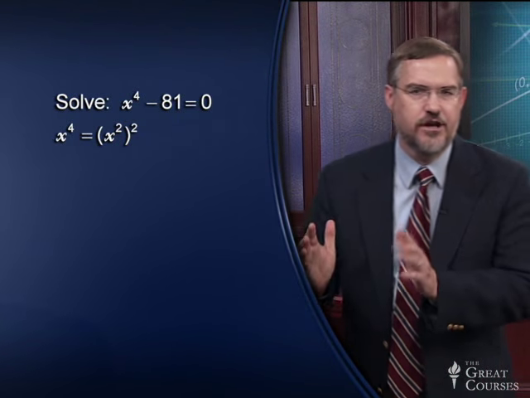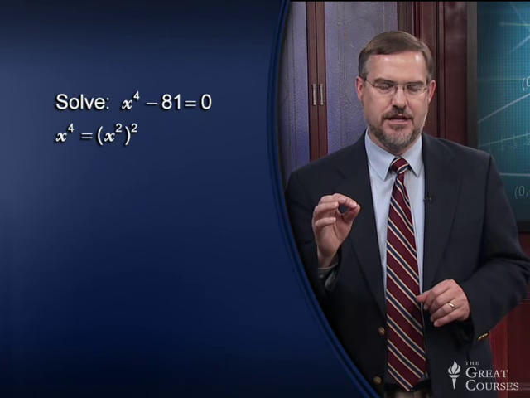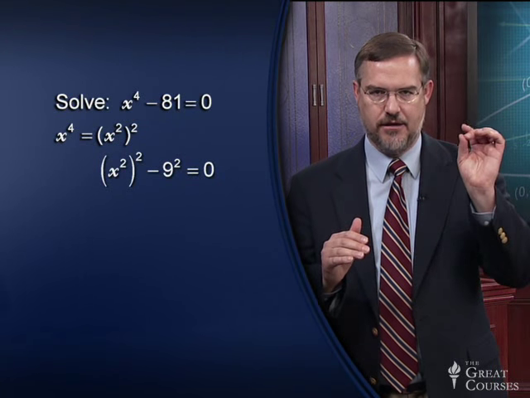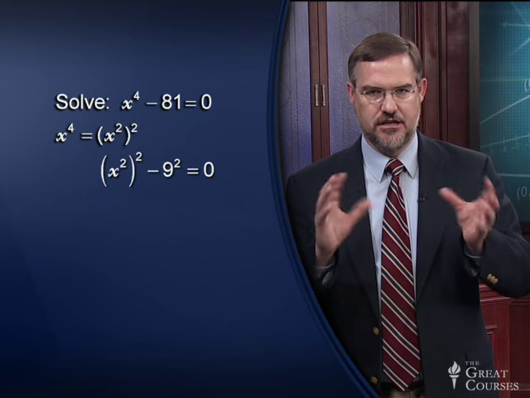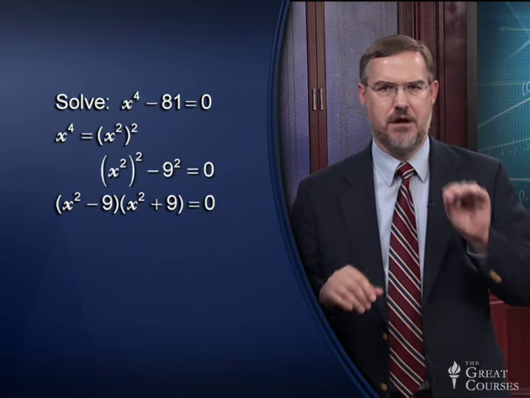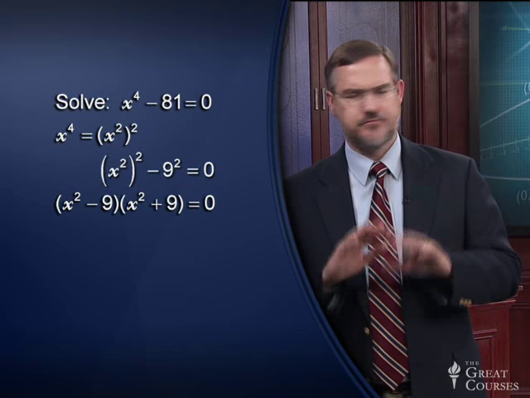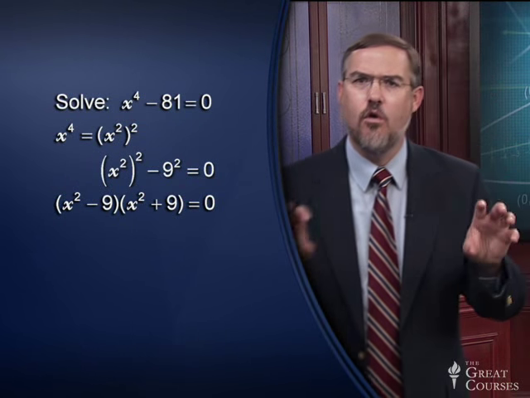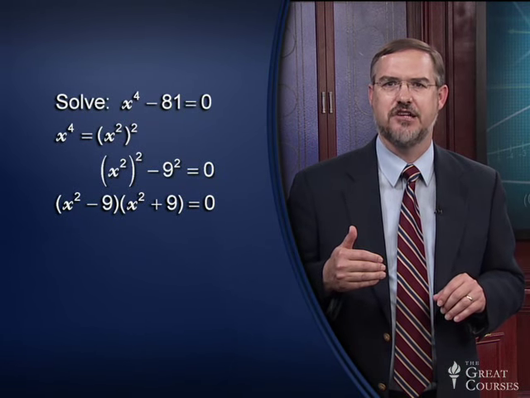So the original equation, x to the fourth minus 81 equals 0, can be rewritten as x squared squared minus 9 squared equals 0. And now using this idea of difference of two squares factoring, I have x squared minus 9 times x squared plus 9 equals 0. If you don't believe it, FOIL that left-hand side and make sure it comes back to x to the fourth minus 81.